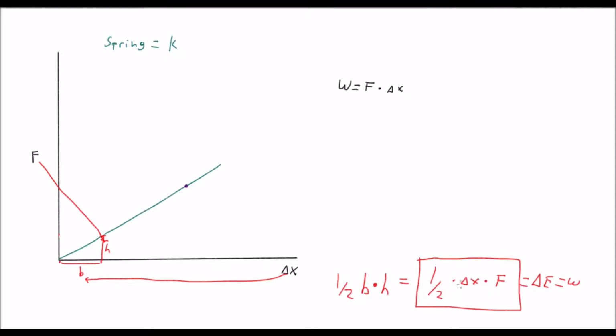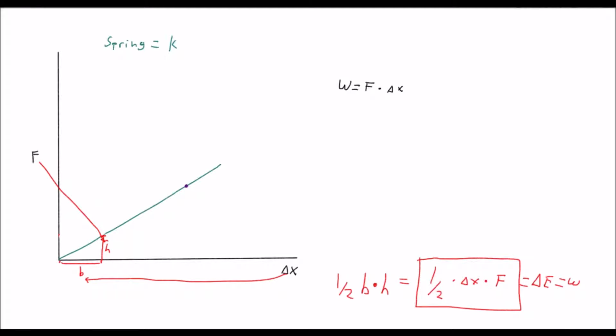So 1/2 delta x times F is the amount of energy that something has, and that's starting from 0. So that's what we've got. We've got our energy. We've got our work. We know how much energy is stored in this thing: 1/2 change in position by force.